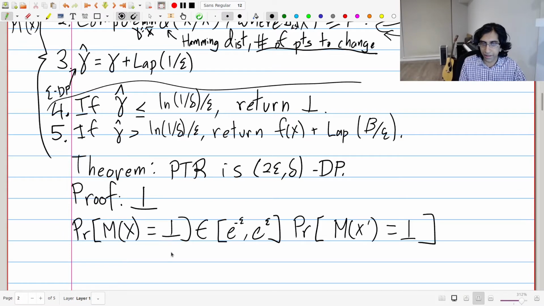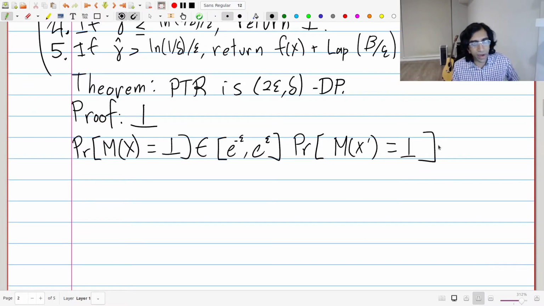And again, this is just because x and x prime are neighboring databases. The difference between gamma on one and gamma on the other is going to be at most 1, and therefore the fact that we're adding Laplace noise implies that we're going to have this relationship between the two probabilities. Pretty similar to before.